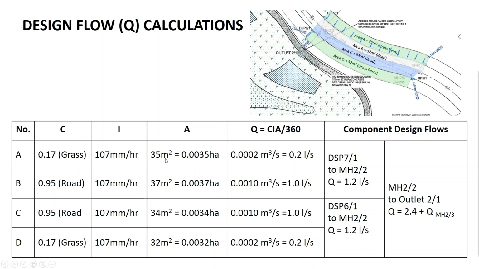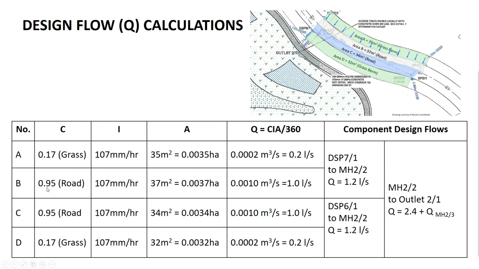The 35 square meters is from there, and I've converted it to 0.0035 hectares, since 10,000 square meters equals 1 hectare. And I end up with this number here. As I pointed out before, cubic meters per second is not the best unit to use for a small area like this, so I'm converting it into liters per second, which gives me 0.2 liters per second.